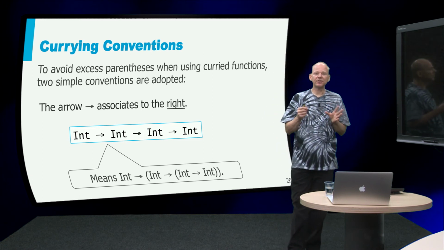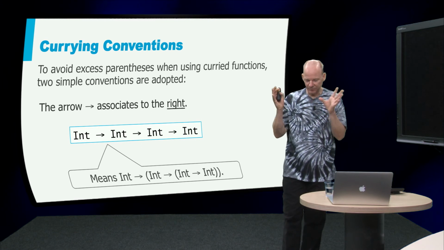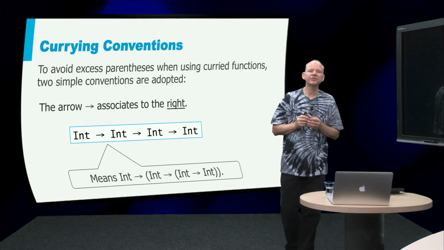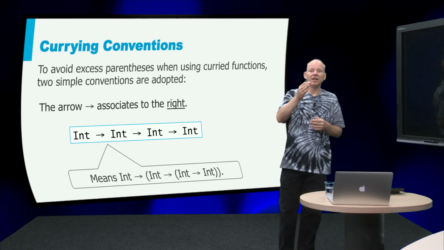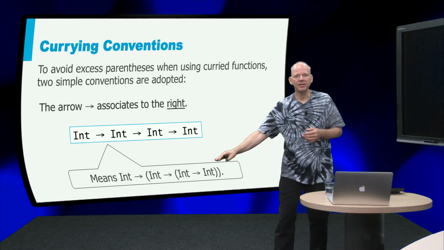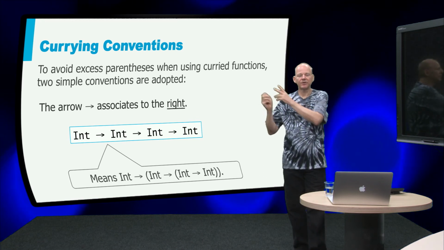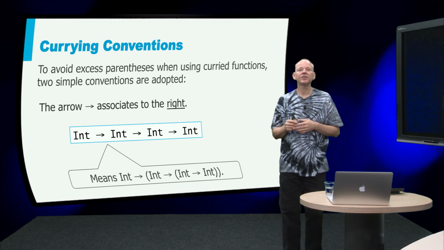I already mentioned a couple of times the way we do the parentheses on expressions with function parameters. So the arrow associates to the right. So if we have the type on the bottom here, int, arrow, int, arrow, int, arrow, int, the parentheses are associated to the right.